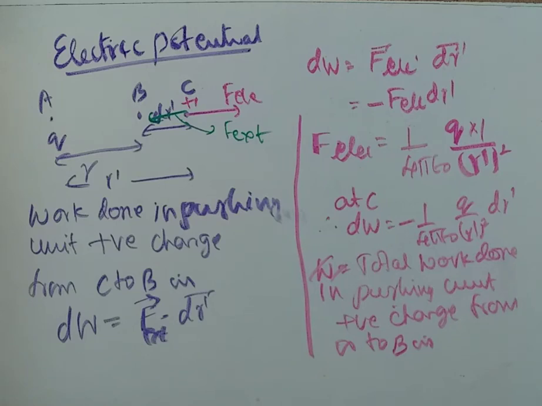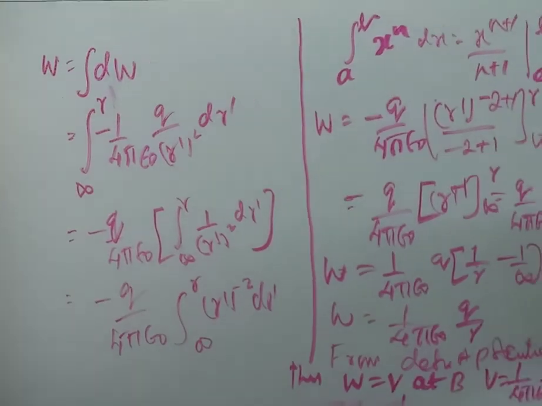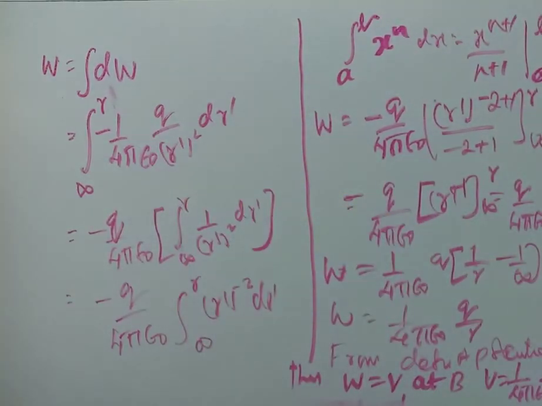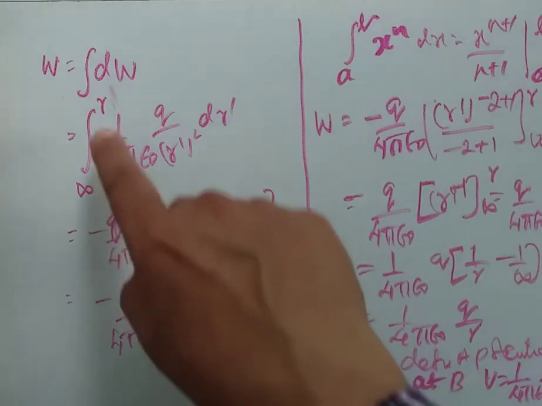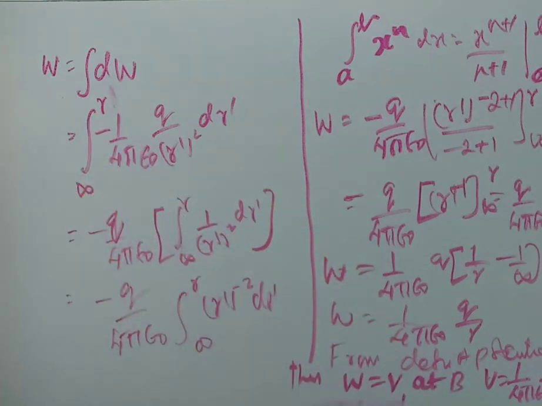Now we are all set to calculate the total work done in bringing it from infinity. So the total work done in pushing a unit positive charge from infinity to B is given by integrating: W equals the integral of dW. For dW we substitute, with limits infinity to r, minus 1 by 4 pi epsilon naught Q by r dash whole square dr dash.